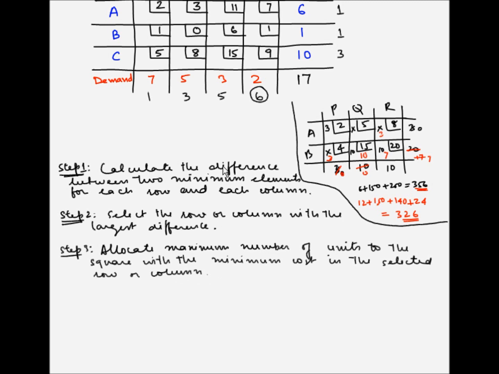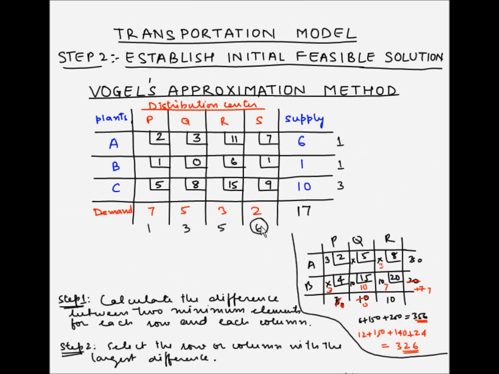So in this case, column S is the selected column. Now within the selected column, we have to allocate the maximum number of units to the square with the minimum cost. So the square with the minimum cost is BS and the cost is 1.